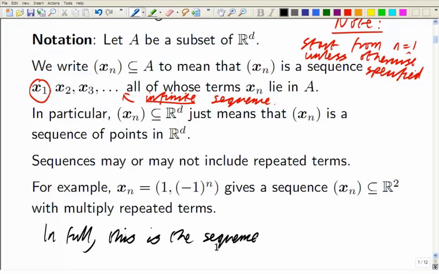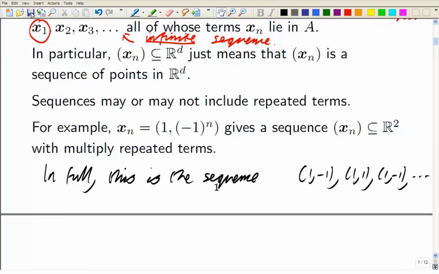So in full, this is a sequence. First term is 1 minus 1. The next term is 1, 1. Then 1 minus 1. And so on. A few more terms of that sequence would have been useful, but I ran out of room. Anyway, you can see what it does. So it goes backwards and forwards between 2 points. That's a perfectly good sequence in R squared.